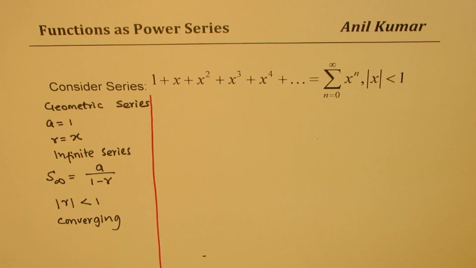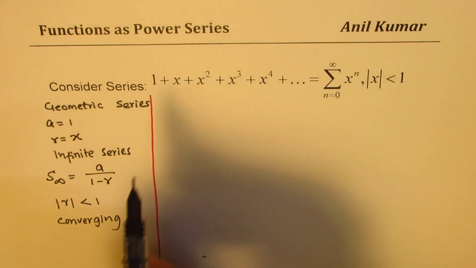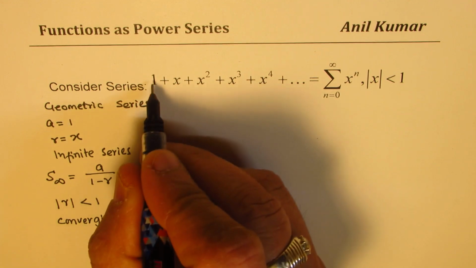Now, as you can see here, we have so many elements. Now, if I write the sum of this as a over 1 minus r, where r is x, you can straight away see that a is 1 for us, right?